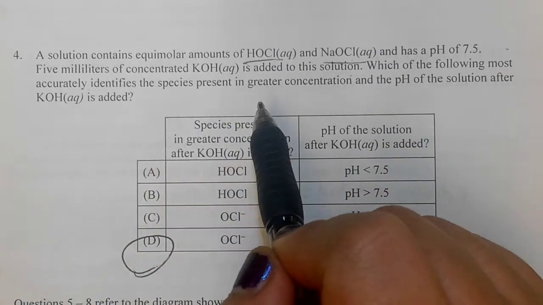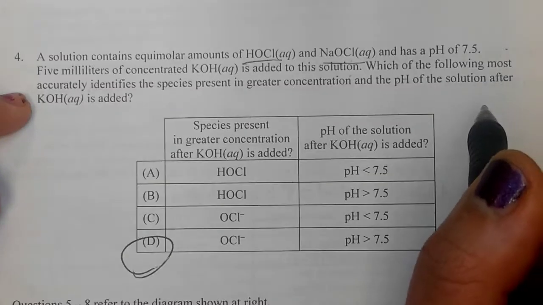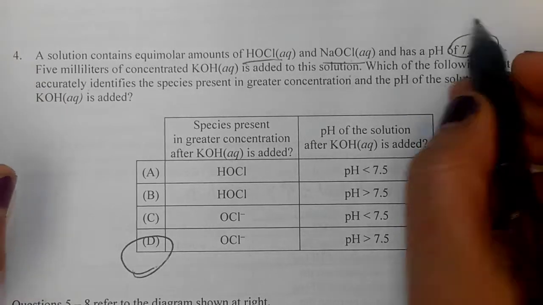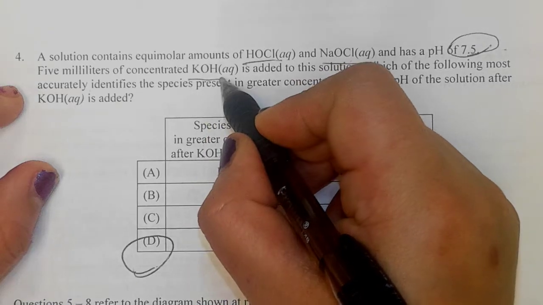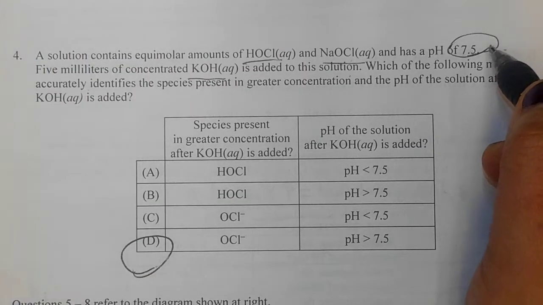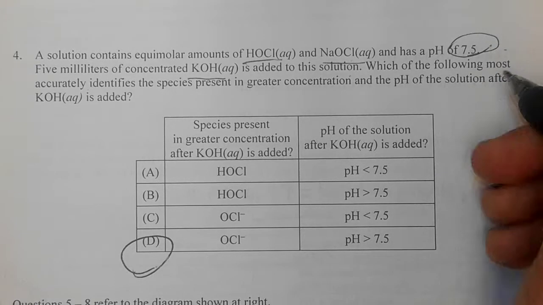Which of the following most accurately accounts for the species with greater concentration and the pH? Notice the pH that we're talking about. What are we adding? A strong base. What do you think this pH will do? It will go up, right? That only makes sense. It cannot go down. If it's going down, we're crazy.